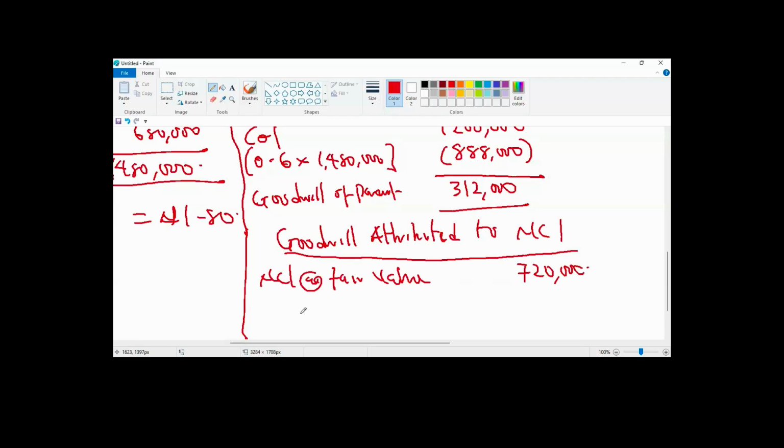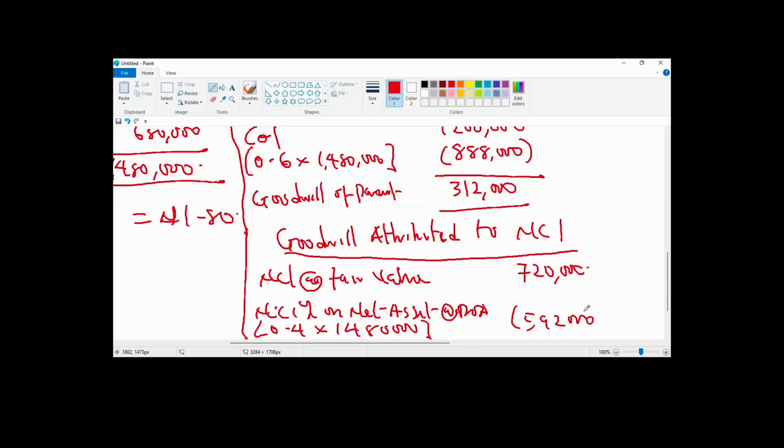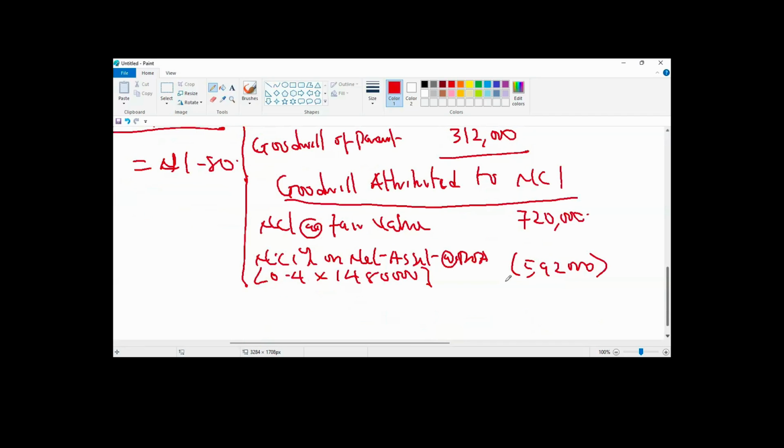Then NCI percentage on net assets at the date of acquisition, which is 0.4 times 148, 592. This will not give me goodwill of NCI. $128. 128. This is the goodwill of NCI.